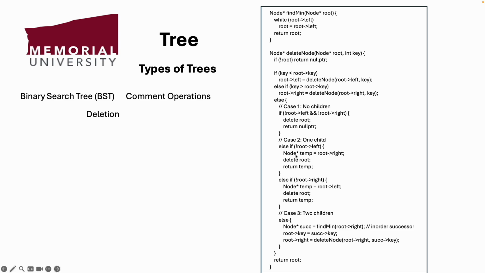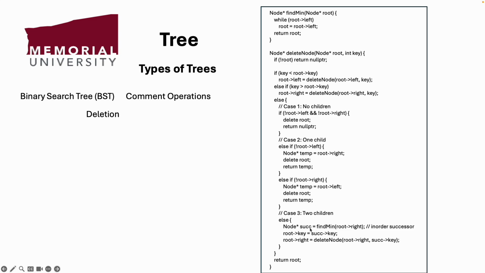So we can set a temporary pointer to point to the right child, delete the root, and return the temporary pointer, replacing that value. The same step applies for the case where there is only a left child.